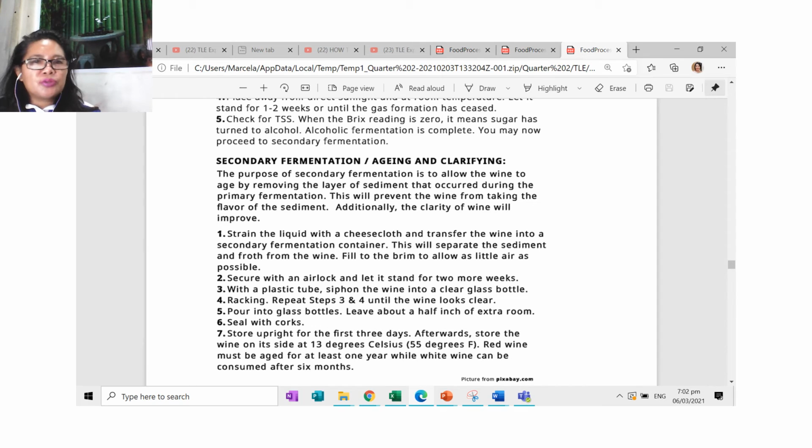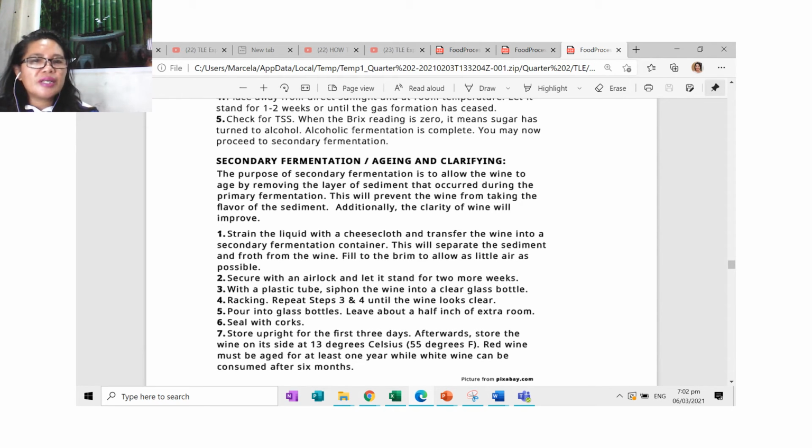Let it stand for 1 to 4 weeks or until the gas formation has ceased. Then number 5, you are going to check the TSS. When the Brix reading is 0, it means the sugar has turned to alcohol. Alcoholic fermentation is complete, and you may now proceed to secondary fermentation.